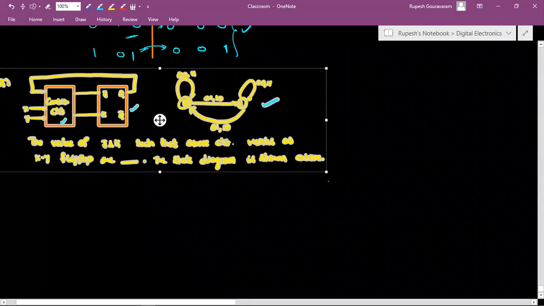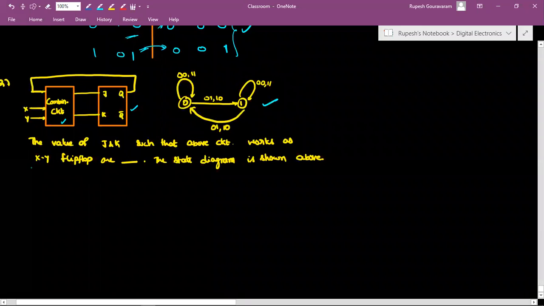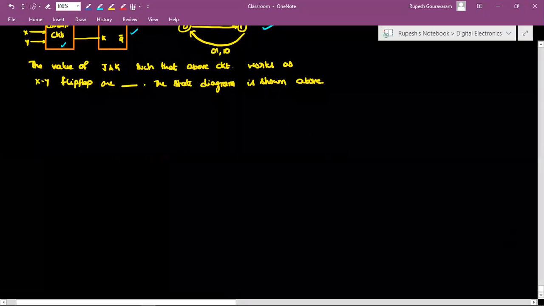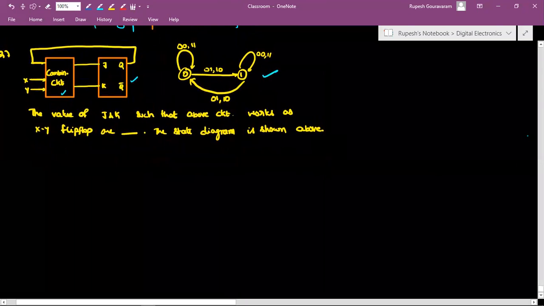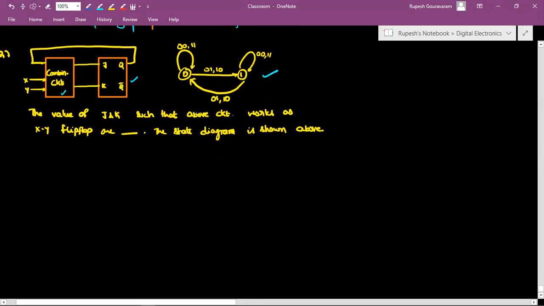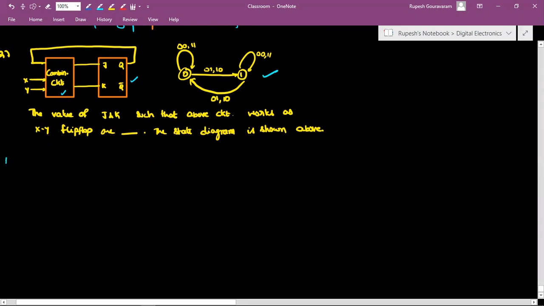Okay, let us start. So first, what is a JK flip flop? JK flip flop is a very important concept. The concept that we are going to learn here is the JK flip flop. JK flip flop is designated like this.